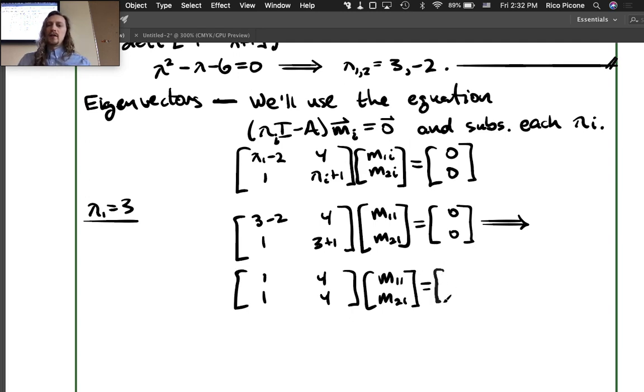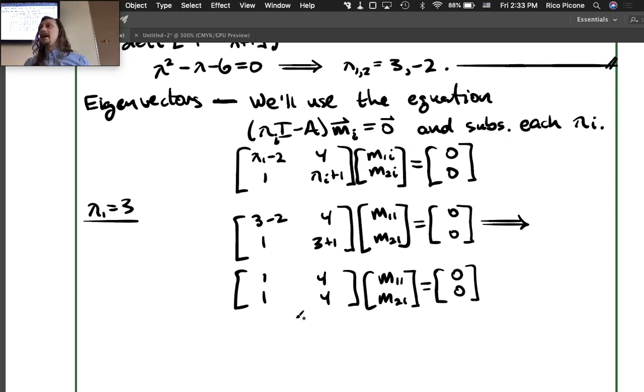Why did I say that? What do you think? These rows, or equivalently columns, are not linearly independent, are they? How do I know that? Because linear algebra told me. If you're going to have a unique solution to a set of equations, you need linearly independent rows, linearly independent equations.